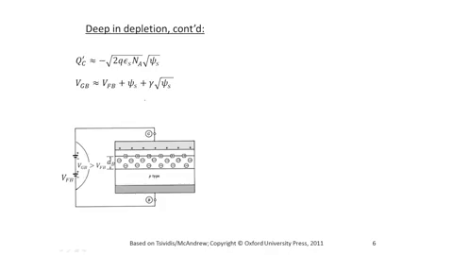Remember that in the general equation we had that related VGB to psi(s), we could not solve explicitly for psi(s). But this one, of course, we can solve explicitly for psi(s), and the result is this. So this now gives you the surface potential for a given VGB explicitly. This expression, which is the surface potential in depletion, will be called psi(sa), and we will have use for it pretty soon.